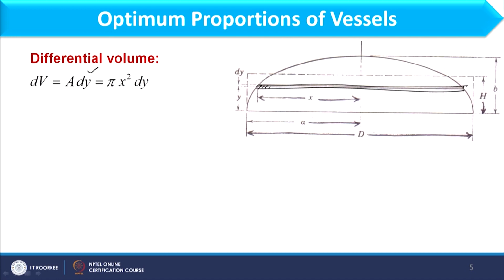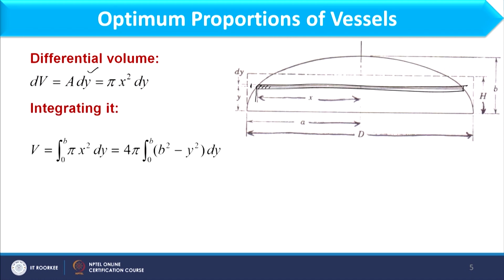A is basically what? If I am considering A as the cross sectional area of this section, which is x distance from the center, that is pi x square, the cross sectional area, into dy, where dy is this height. So, that would be the differential volume of this strip.